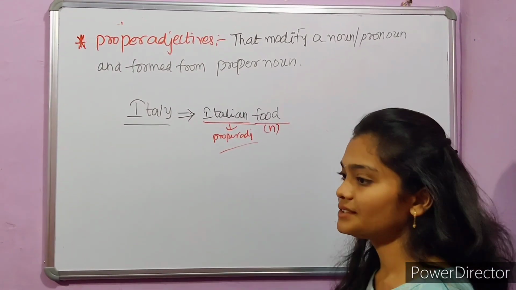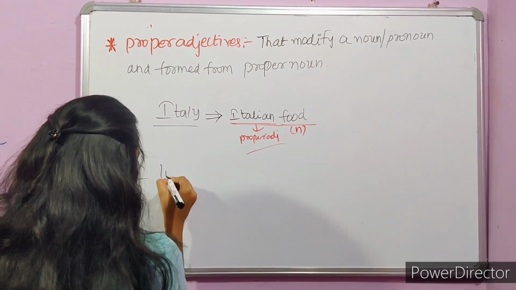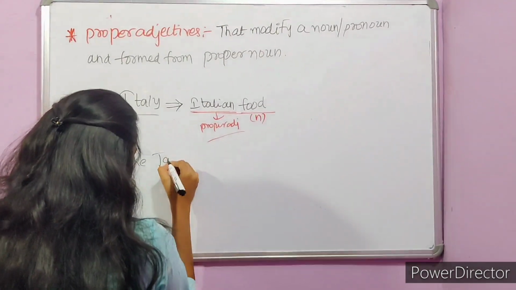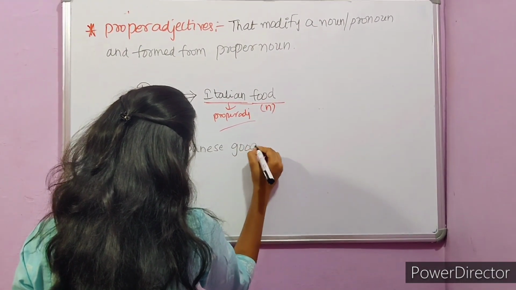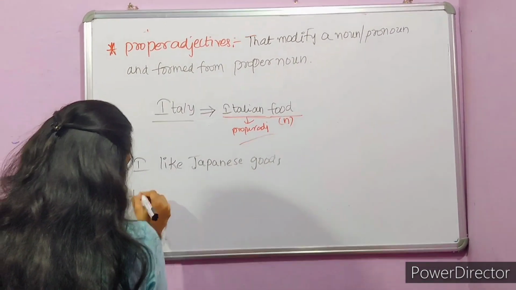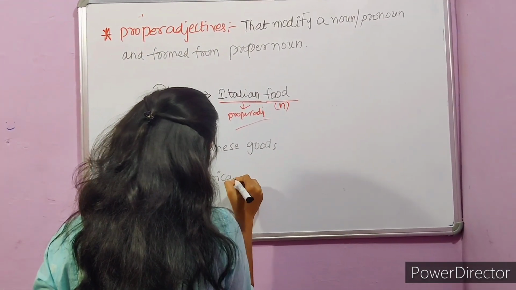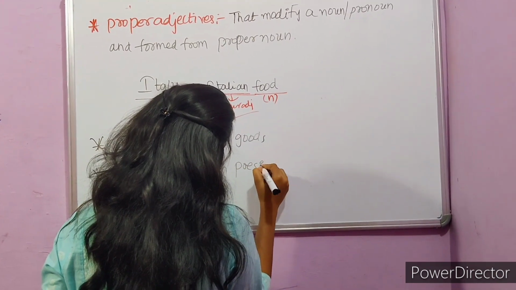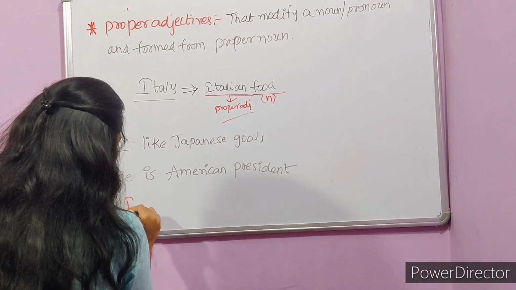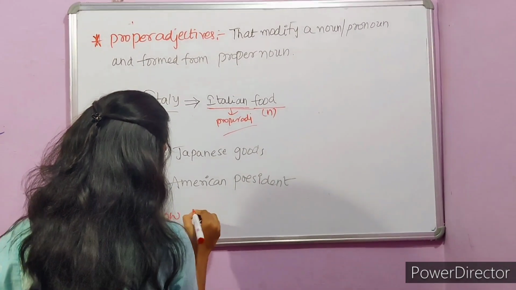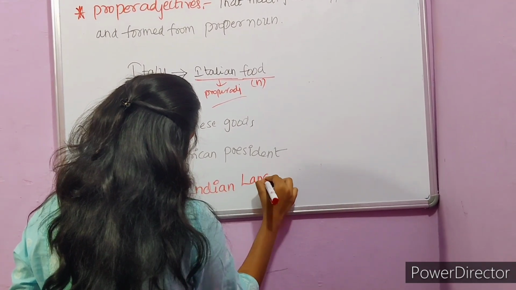Okay. Let us see some other examples. I like Japanese goods. He is an American president. I know Indian languages.